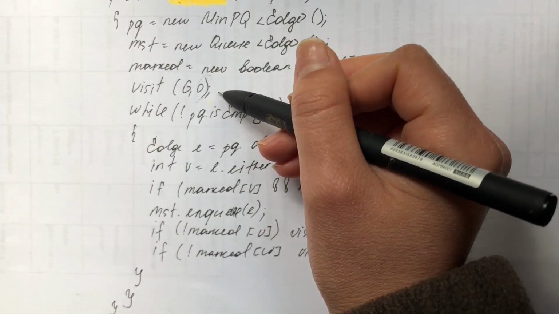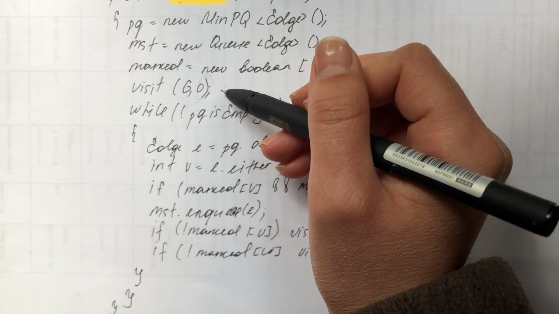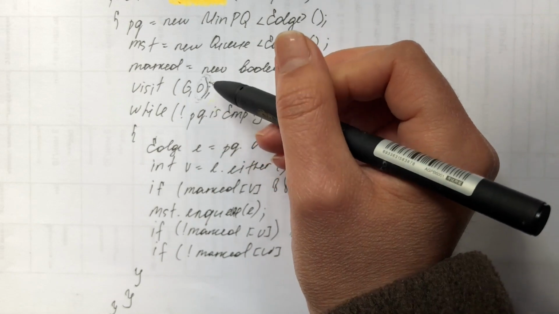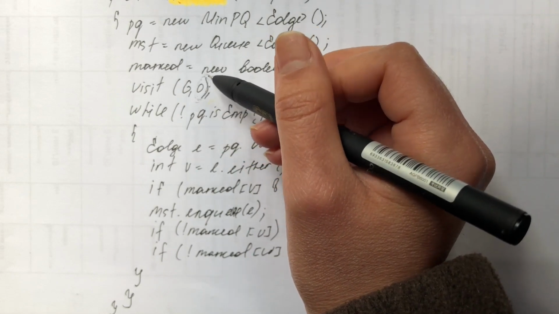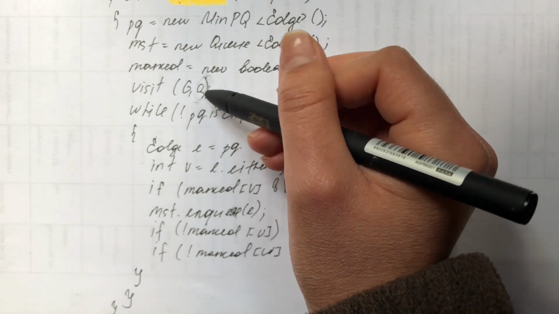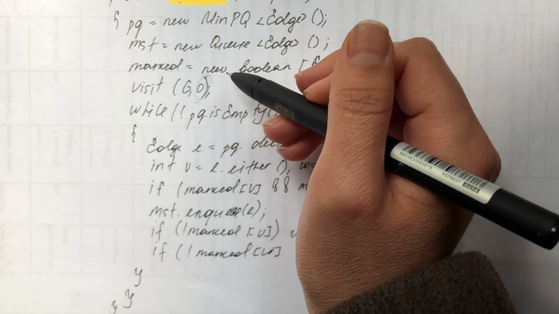Then at this line we will visit all the vertices that are adjacent to this one. Here we started from 0, but we can actually start with any vertex in the graph.